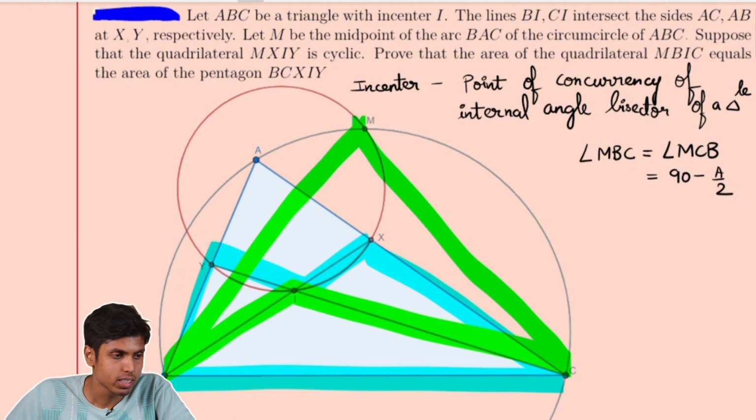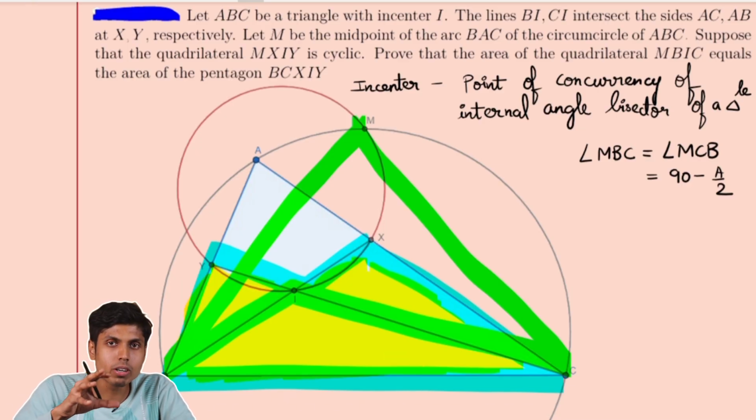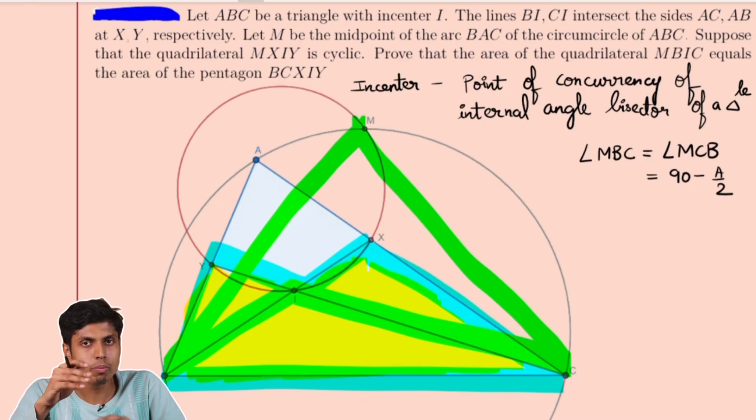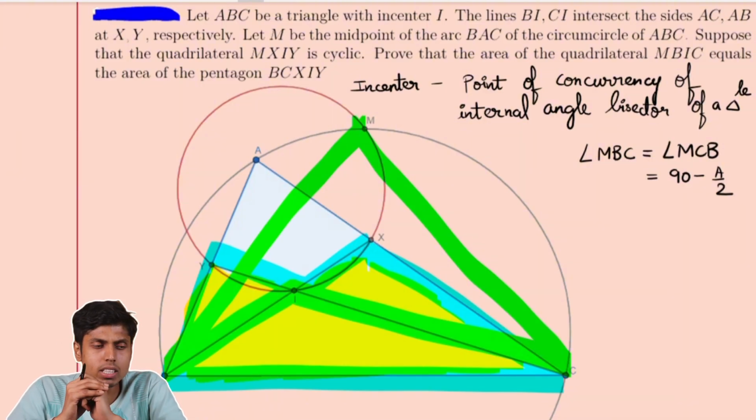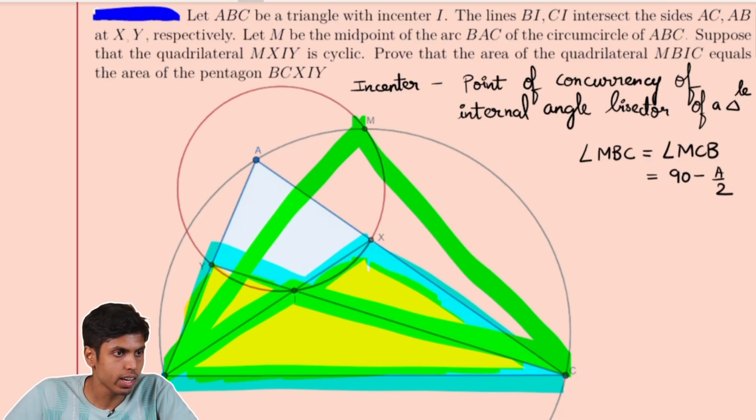Initially it might seem a random type of area that cannot be related directly, but you can add a particular area that makes them both lie on a common base, and that will be easy for our measurements and calculations. So the yellow shaded area equals the area shaded in violet.